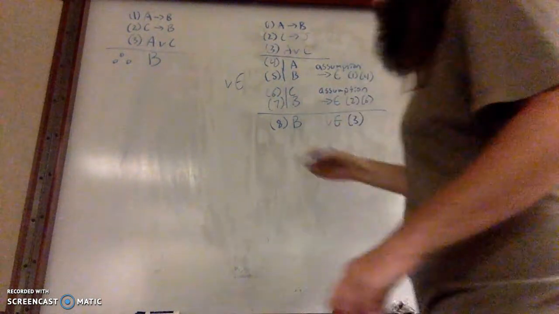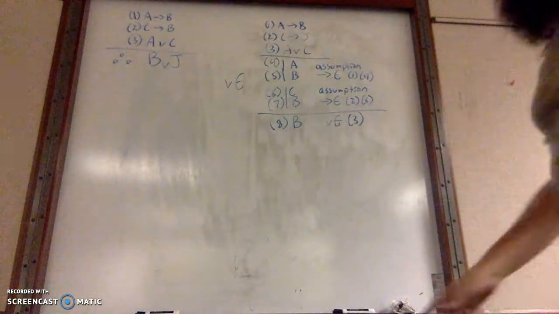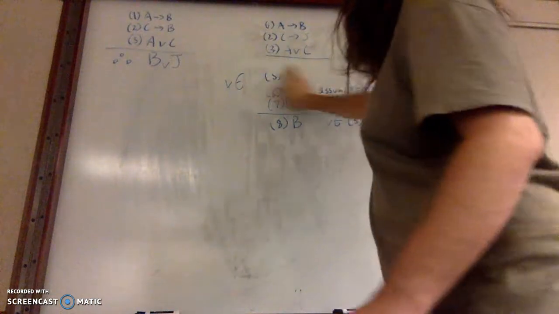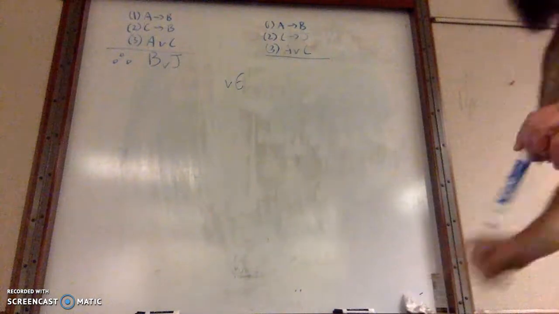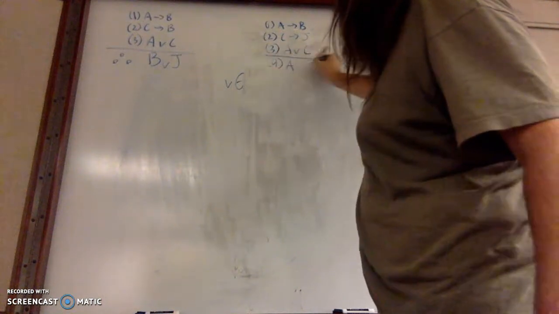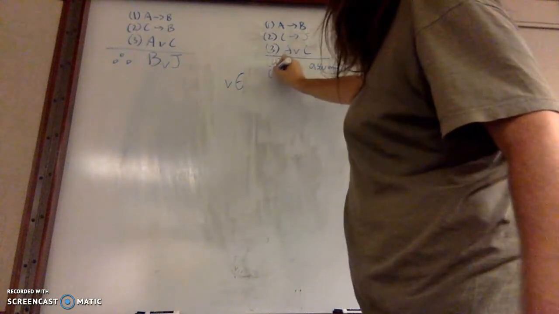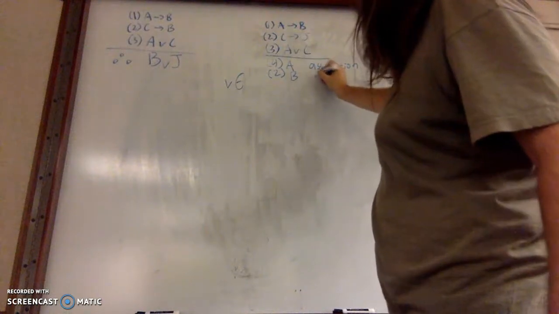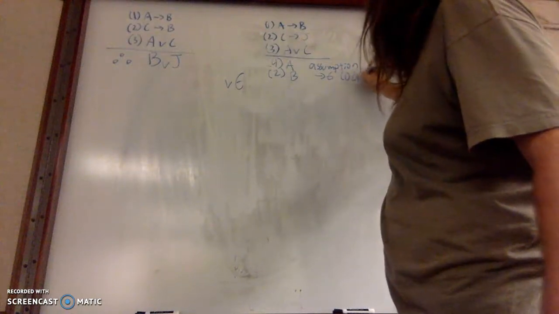And what we're actually trying to prove is B or J. Okay, the argument's going to look pretty similar. Let's just erase it anyways and see what it looks like. Again, we're going to assume A. And we end up with B, just the same, with a conditional elimination on lines 1 and 4.